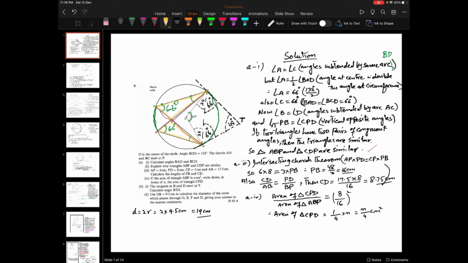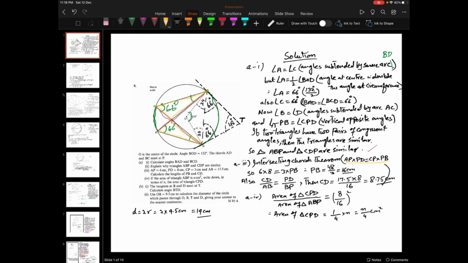Next, intersecting chord theorem. According to intersecting chord theorem, AP into PD is equal to CP into PB. Substitute the values of AP, PD and CP. We can get PB is equal to 48 upon 3, which is equal to 16. So value of PB is equal to 16 centimeter.